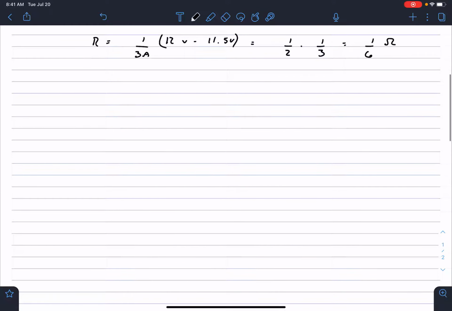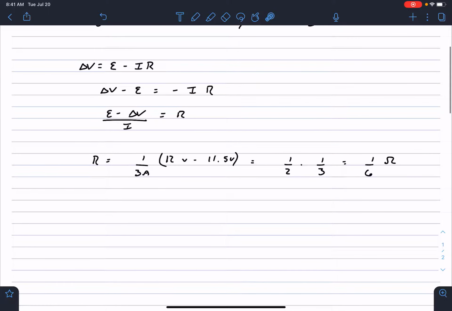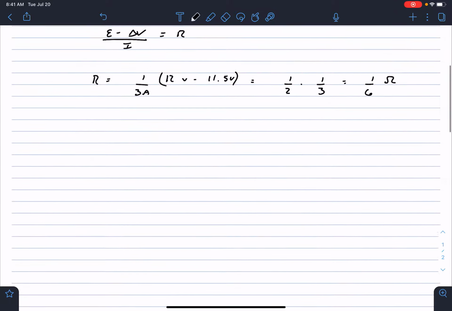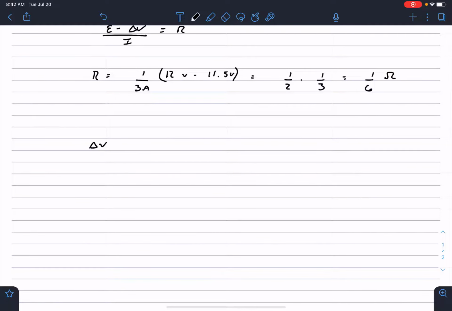Okay, next we are asked to find the load resistance for the system, right? So using the same formula we started with, delta V is equal to EMF minus I times R. Really, for internal resistance, the book I think uses little r.